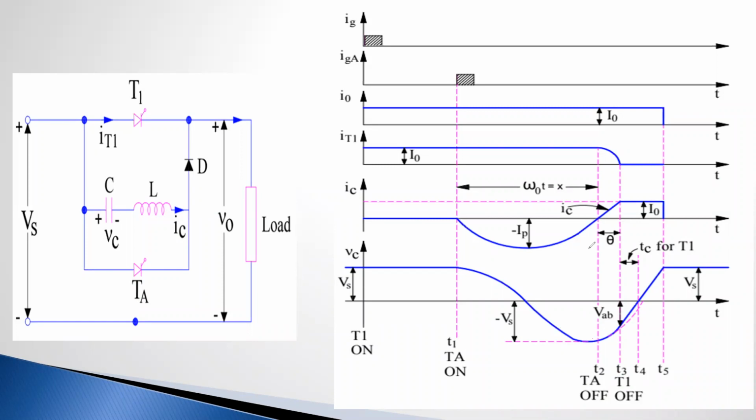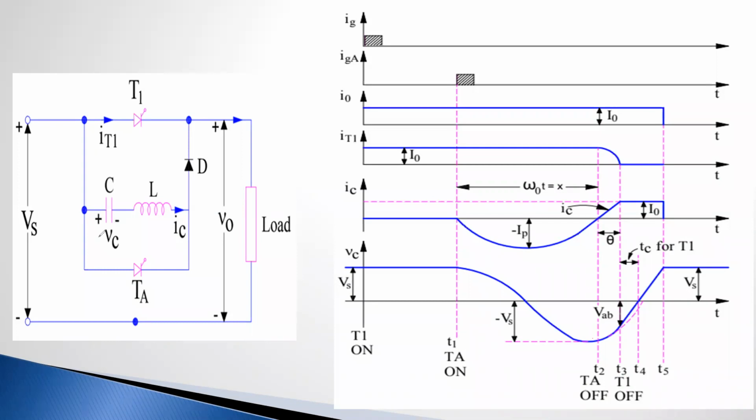Clear? And then at time t equal to t2, what will happen? At time t equal to t2, this is the first step, this is the second step. The third step is that the maximum reverse voltage is present across the capacitor.